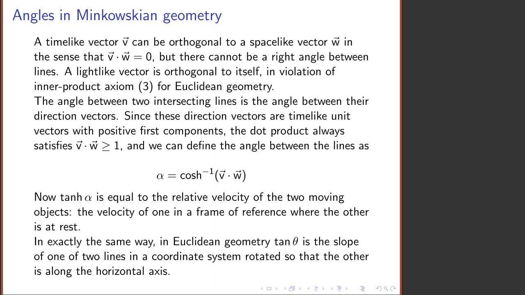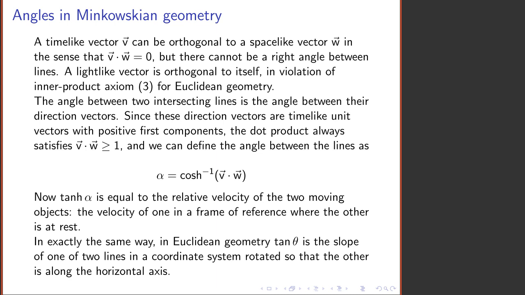If I do that, it turns out that the hyperbolic tangent of the angle between them is equal to the relative velocity of the objects that were moving with direction vectors specified by v and w respectively. It's the velocity of one of those objects in a frame of reference where the other is at rest.